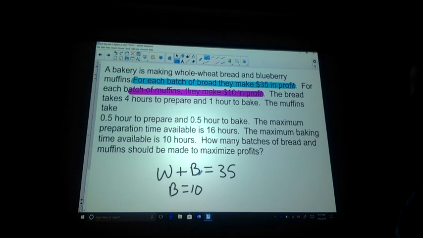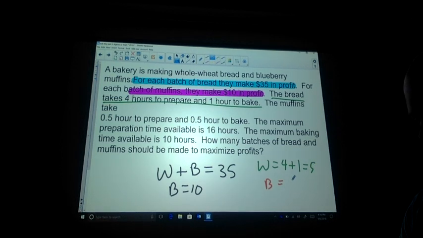The bread takes 4 hours to prepare and 1 hour to bake. So if I take my whole wheat bread, which is the W, I have 4 hours plus 1 hour, so you're looking at 5 hours it takes. And then the blueberry muffins, the B, takes 0.5 and 0.5, so that's only 1 hour.